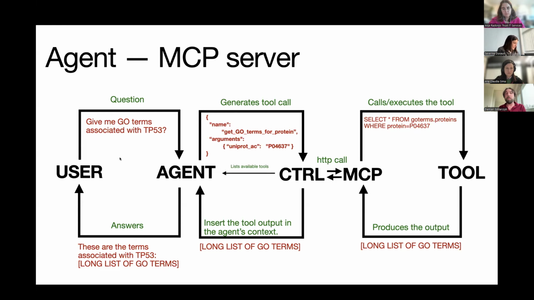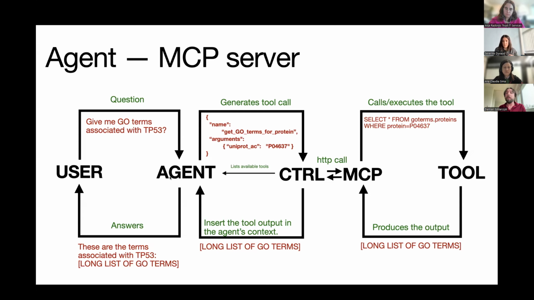So the user asks what are the Go terms, and we notice that we ask here for TP53, but in the arguments we see that we only accept, for example, UniProt. And then the agent, using its internal knowledge, for some proteins would know how to translate TP53 to UniProt, because that's often in the literature.